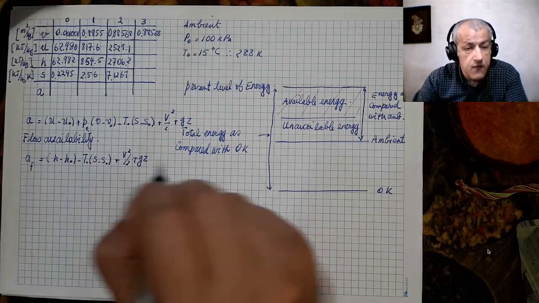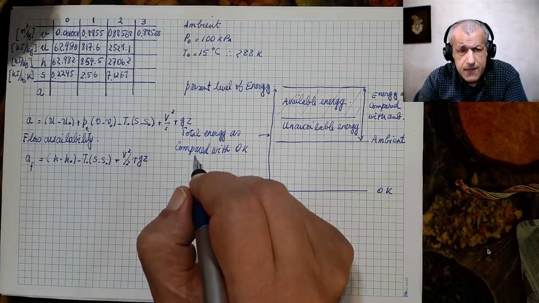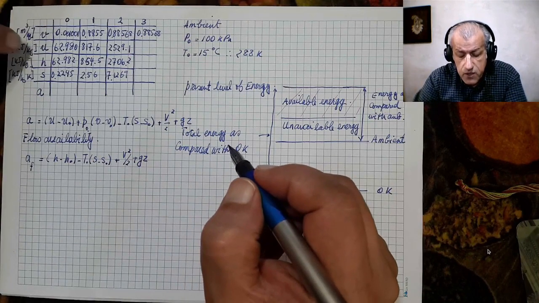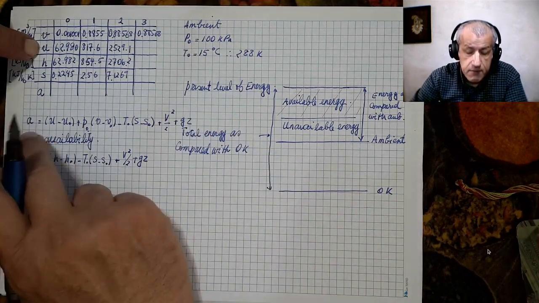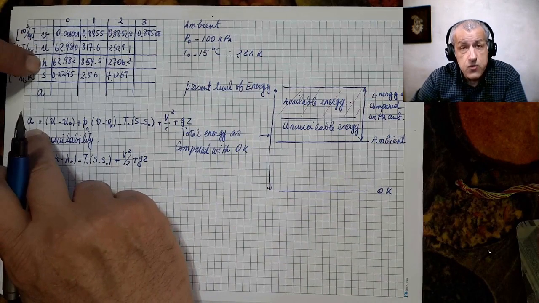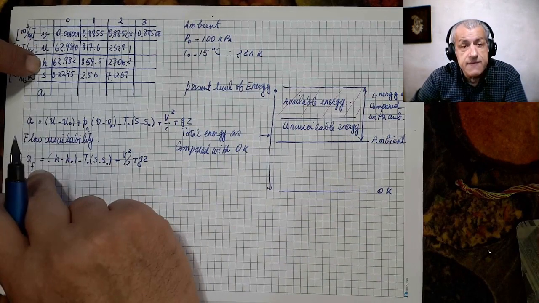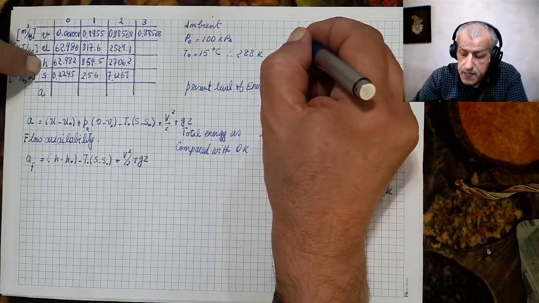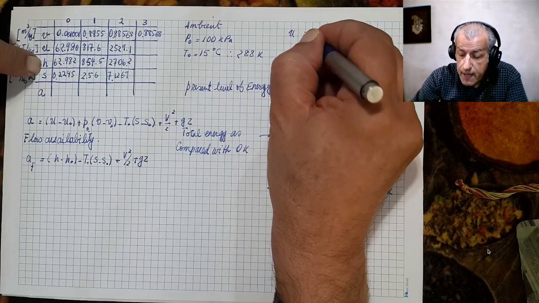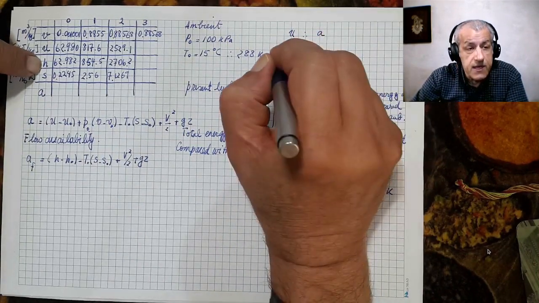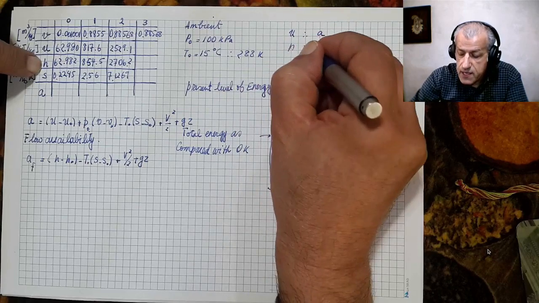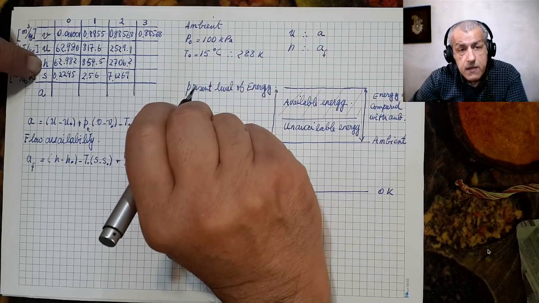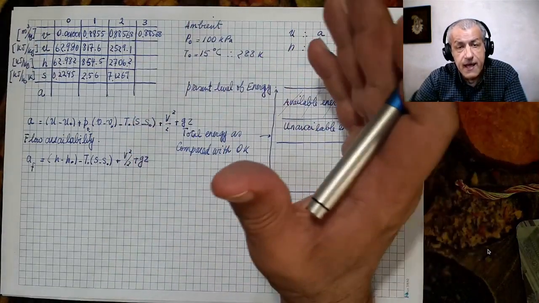If you want to distinguish between these two, wherever you use U, its availability is A, and wherever you use H, its availability is AF. So it's good to remember that U and A come together, and H and AF also come together. This is how we calculate availability.